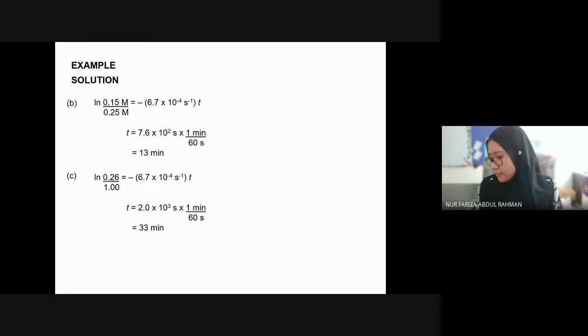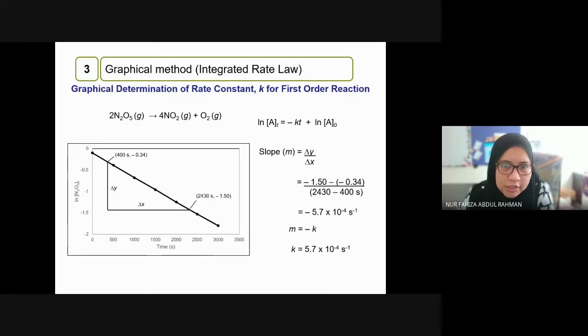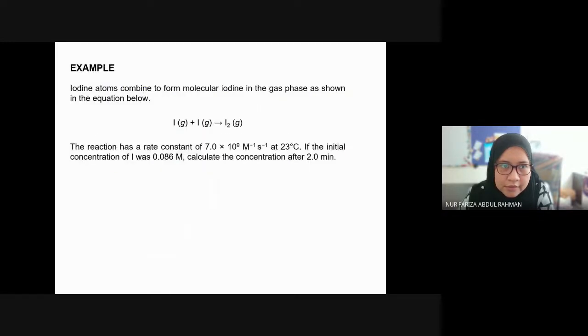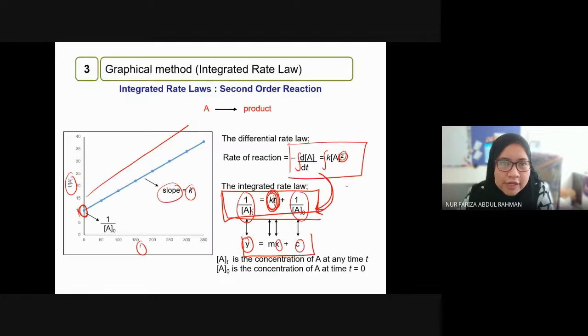See this one. Okay, ni cara dia. Boleh try buat lah. Okay, cuba kita tengok. Ada lagi tak? Cuba tengok example for second order reaction before kita masuk graph.